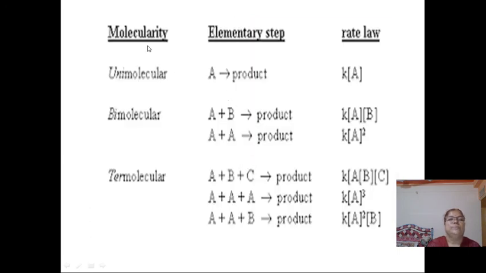Okay, then a unimolecular reaction means only one reactant takes part in the chemical reaction to form product, and its rate law equation we can write as rate is equal to K into concentration of A. That is, the rate of this reaction depends on the concentration of the reactant, and here it is one reactant.